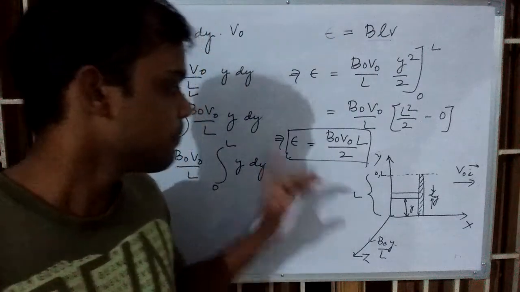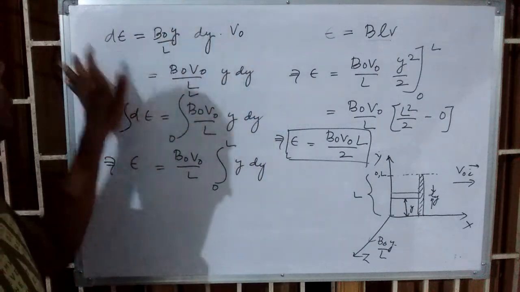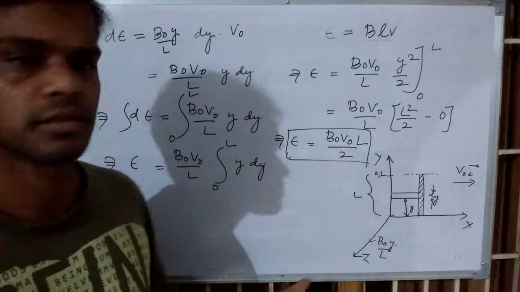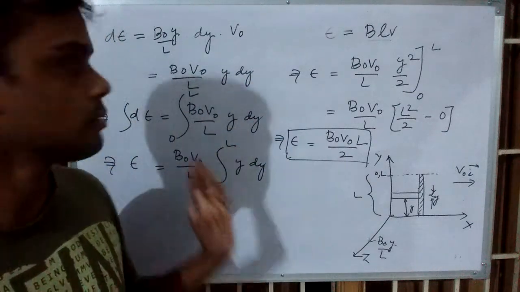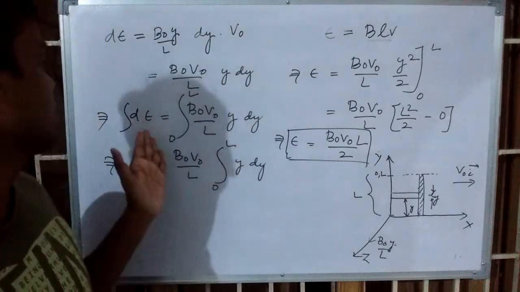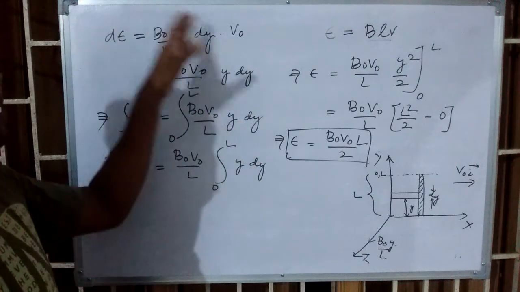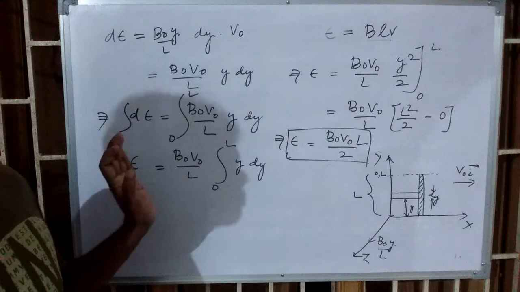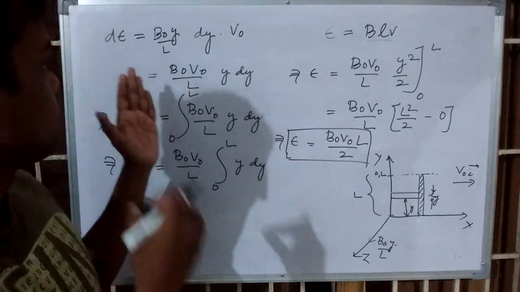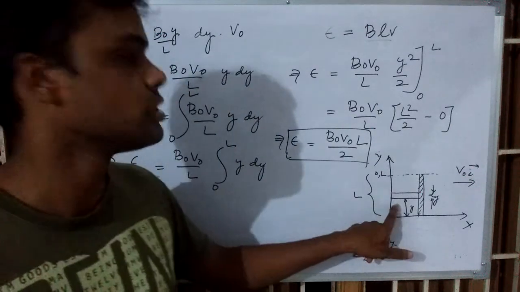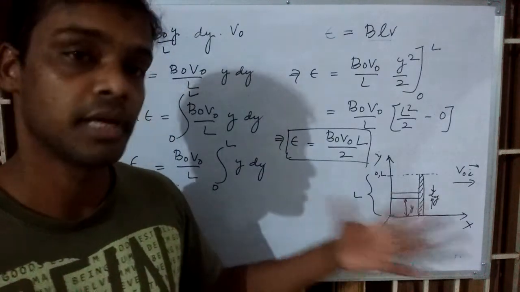So here the main thing is to find the expression for d epsilon. Everything else is simple calculation or mathematical integration. The most important thing is how to figure out this d epsilon, and more important than this is choosing the element, how to choose the proper element.